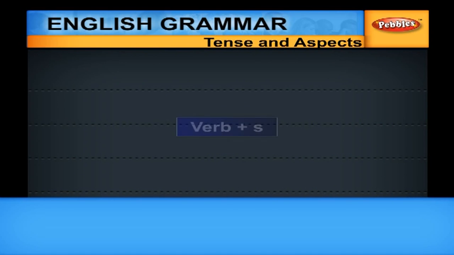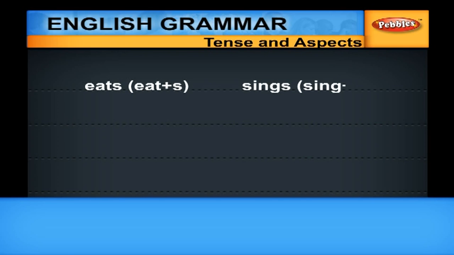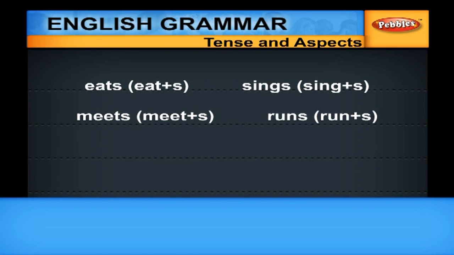The second lexical verb is where you add s to the main verb. Eats, eat plus s. Sings, sing plus s. Meets, meet plus s. Runs, run plus s.